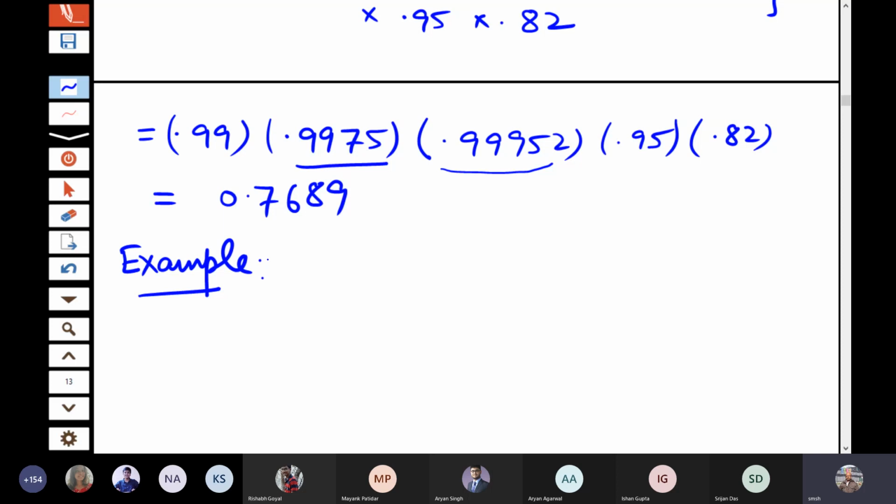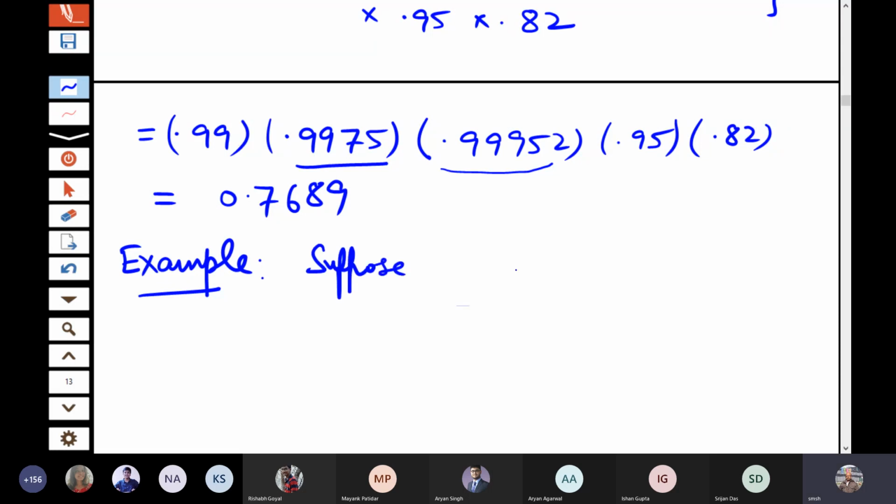Let me just give one more example. So suppose I have two components, okay? Two components are there and they are connected in, say, okay, let me not make the diagram. Let me write the language here. So we can have them in series and we can have them in parallel.